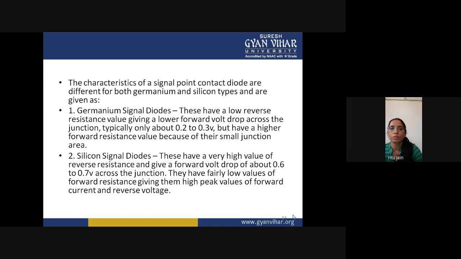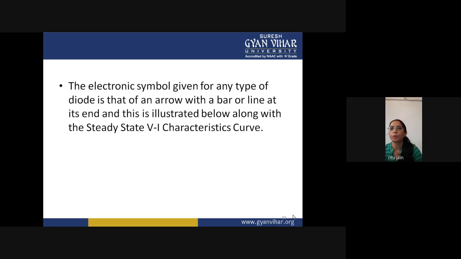If you talk about the silicon signal diode, because it is made of silicon, it has a very high value of reverse resistance and gives a forward voltage drop of about 0.6 to 0.7 volt across the junction. They have fairly low values of forward resistance, giving them high peak values of forward current and reverse voltage.